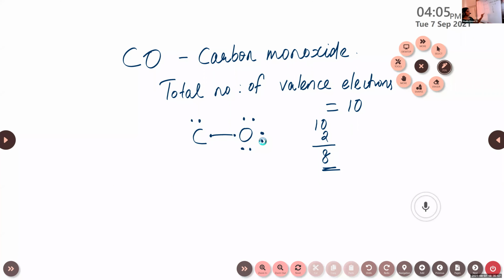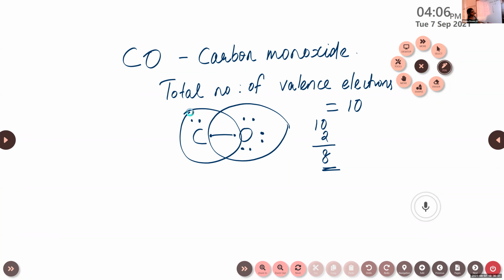Yes. Then while you check the total number of valence electrons on oxygen and carbon, in the case of oxygen, it's already completely filled, right? 8 electrons are there. 1, 2, 3, 4, 5, 6, then the shared pair of electrons, 8, right? But in the case of carbon, 1, 2, 3, 4. Only 4 electrons. So how can we make the octet of carbon?